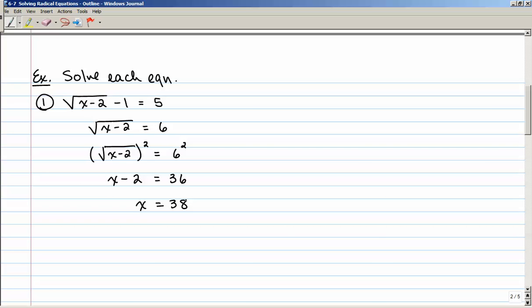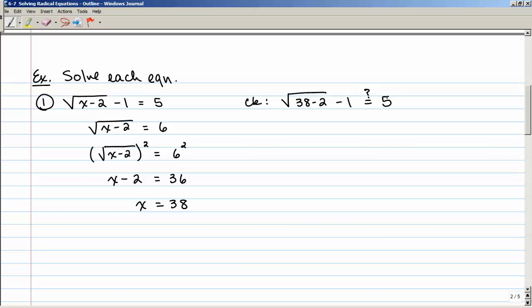Now, do not box that until we've checked it. You have to check. And remember, in order to check, I take my solution, plug that into the original equation, none of these down here, just the original equation, plug that in for x and see if it works. Is the square root of 38 minus 2, minus 1 equal to 5?